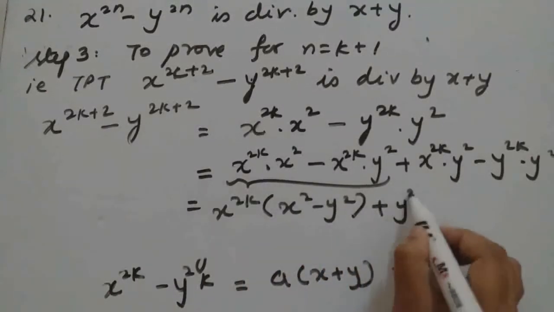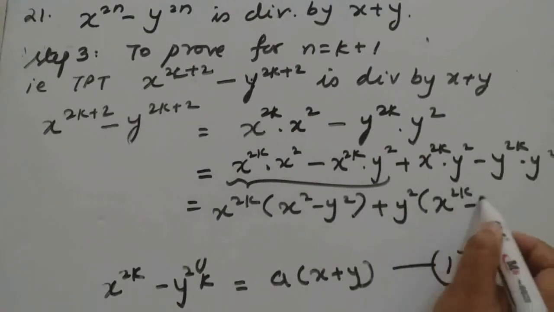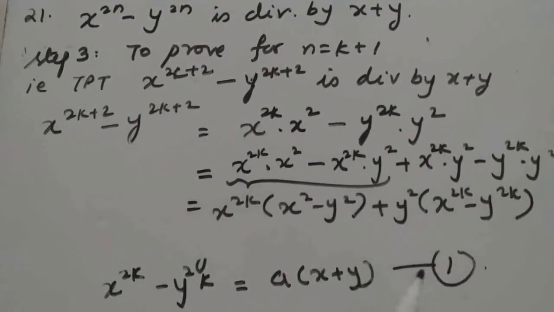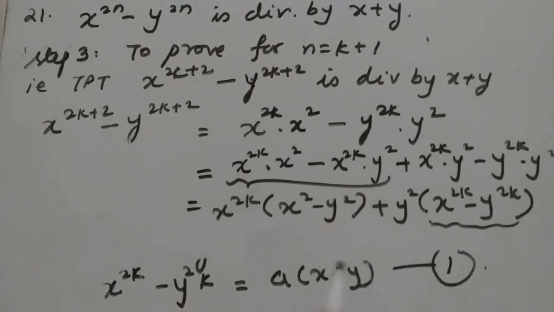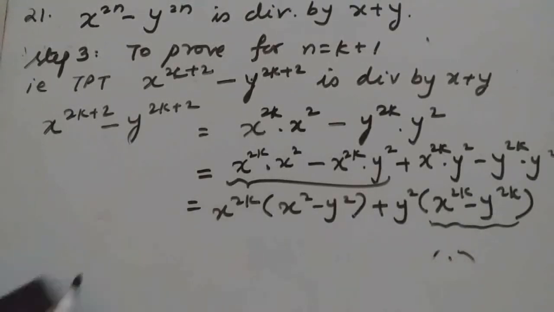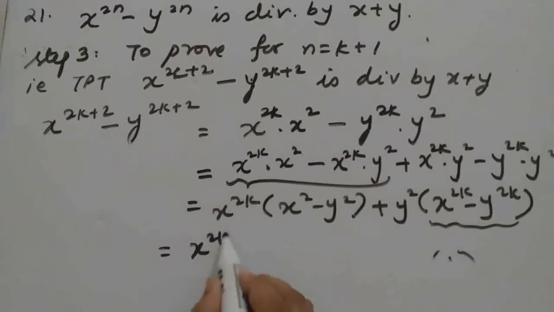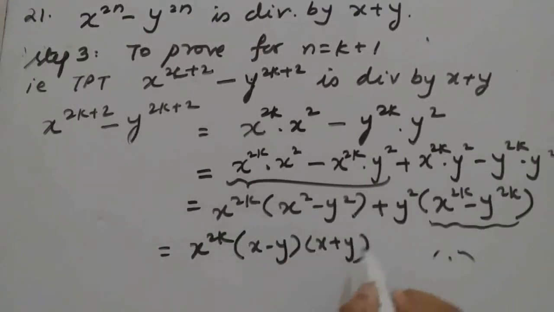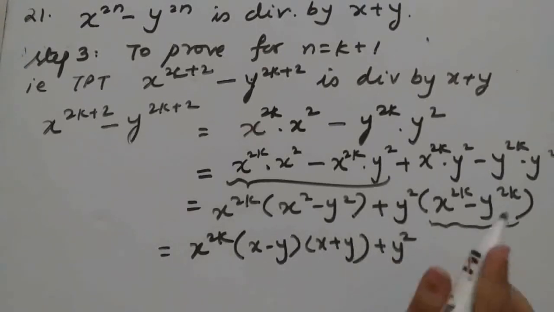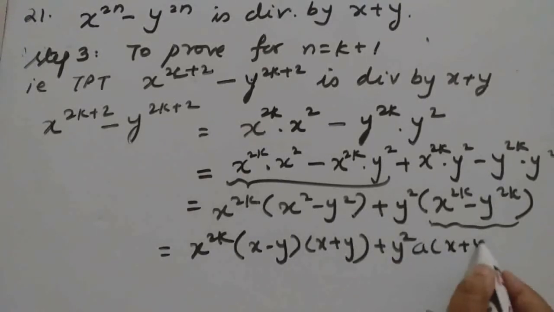Here y square is common, and x power 2k minus y power 2k will remain. But from equation 1 we can write this as a into x plus y. So we will write this also as x minus y into x plus y. This we can write as a into x plus y.